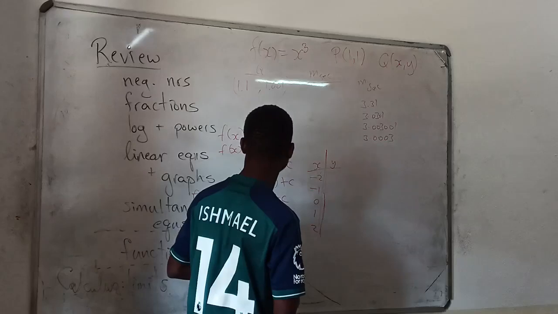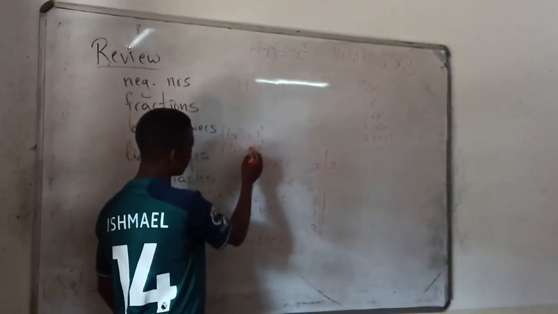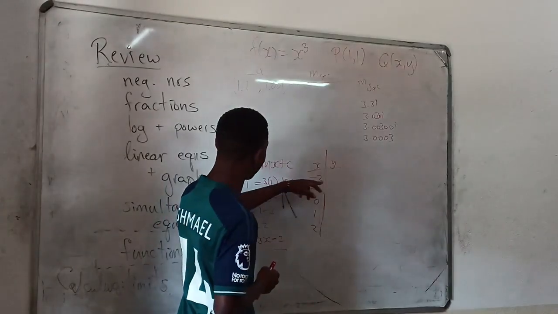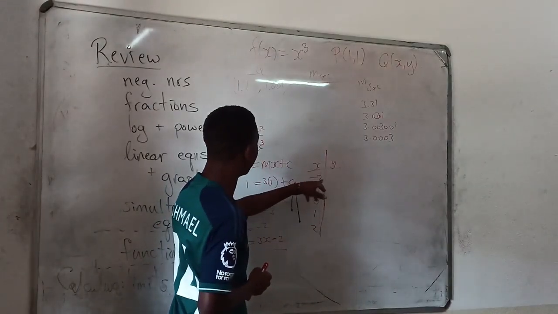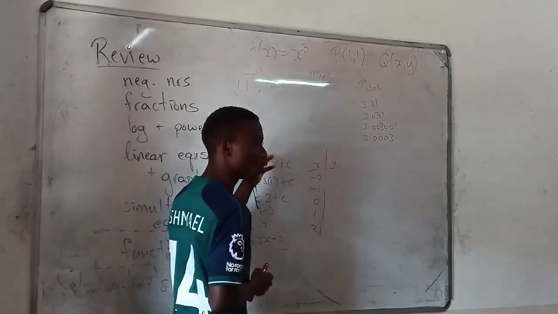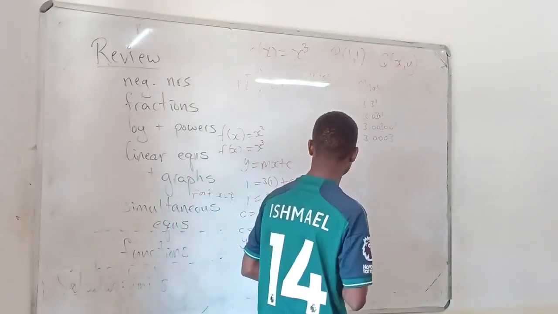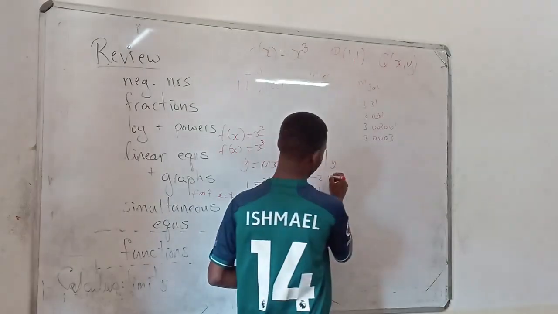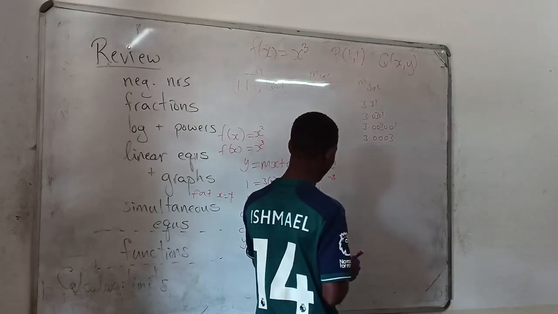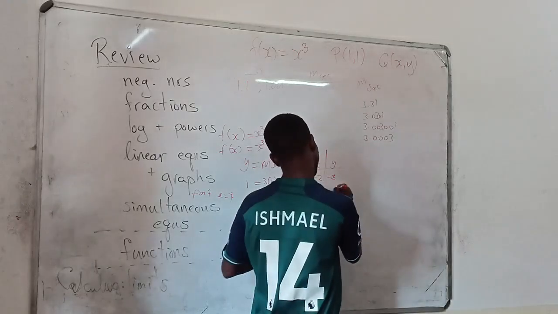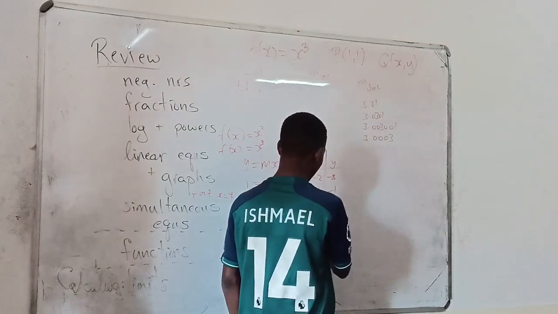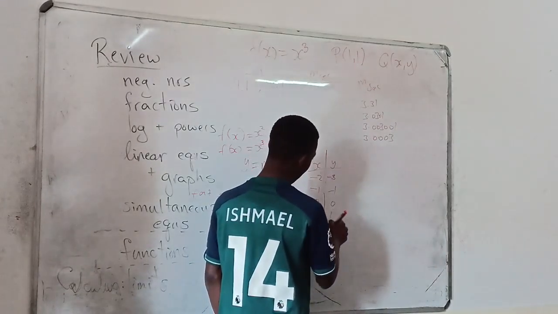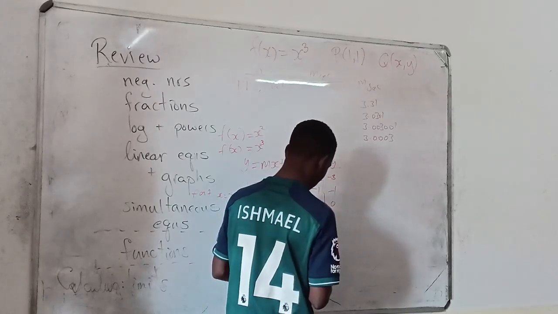And let's take this equation, which means we are going to be substituting these values here. Negative 8, negative 1, 0, 1, 8. You see?